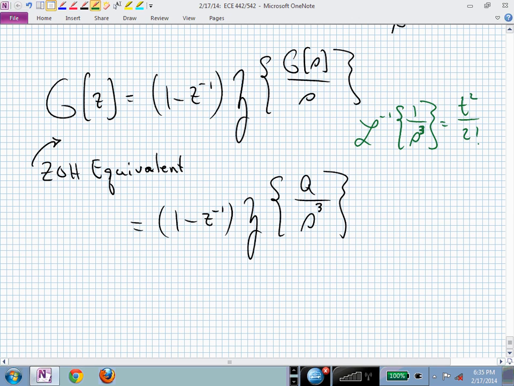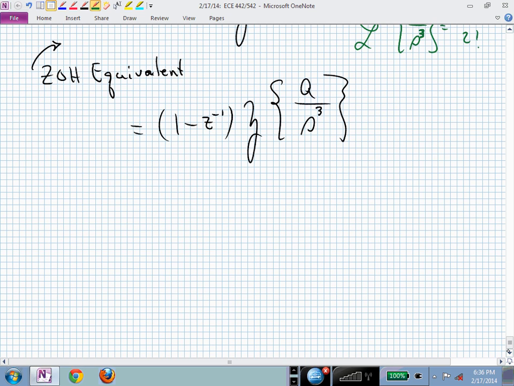Now, we need to sample that. And what you'll see in your table is maybe this t, but it may be kT quantity squared. We can find that in one of the rows of our table. We need to just remember that we have to scale it by that 2, and in so doing, we can now find that Z transform of t squared, which is kT quantity squared, and that will now give us 1 minus z to the minus 1.